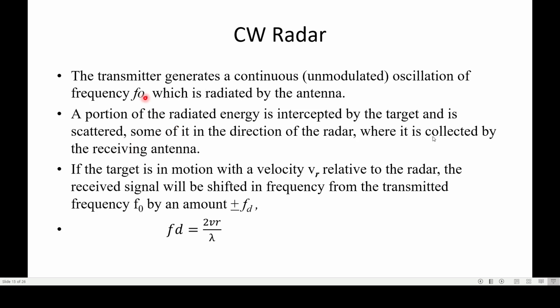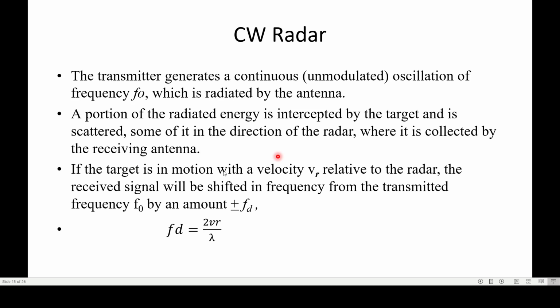Now, these points are again describing that basic continuous wave radar. The transmitter generates continuous oscillation of frequency F0, which is radiated by the antenna. Then a portion of the radiated energy is intercepted by the target and is scattered, some of it in the direction of the radar, where it is collected by the receiving antenna.